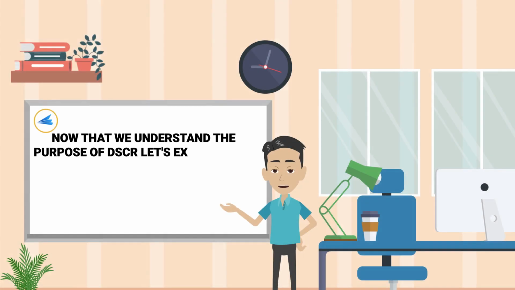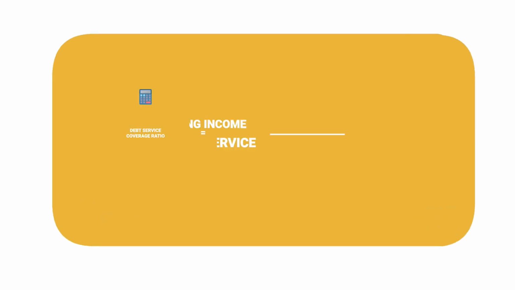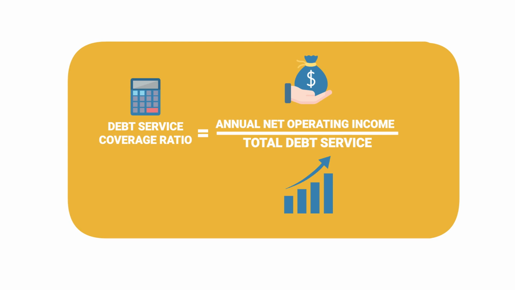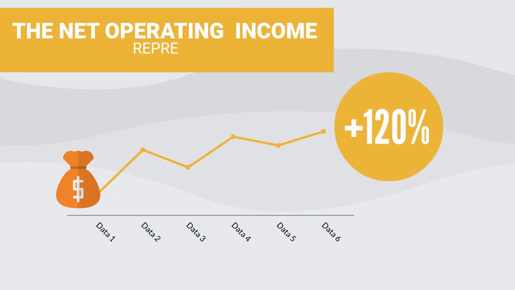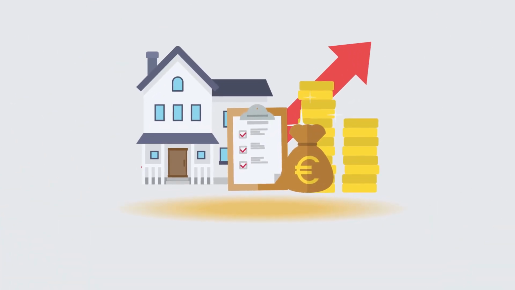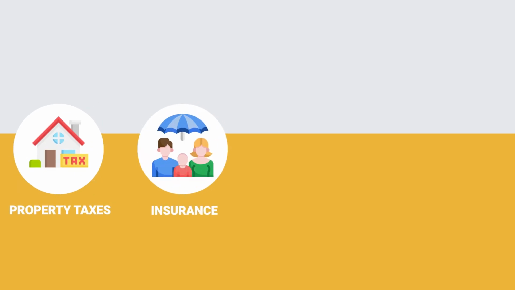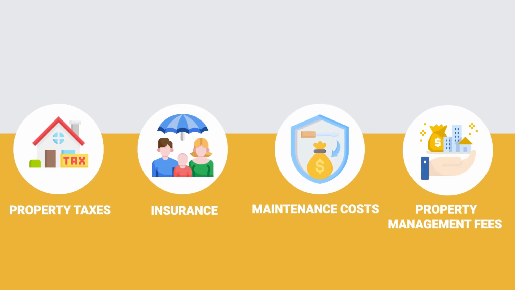Now that we understand the purpose of DSCR, let's explore how it's calculated. To calculate the DSCR ratio, we need two key components: the property's net operating income, NOI, and the annual debt service. The net operating income represents the income generated by the rental property after subtracting all operating expenses, such as property taxes, insurance, maintenance costs, and property management fees.